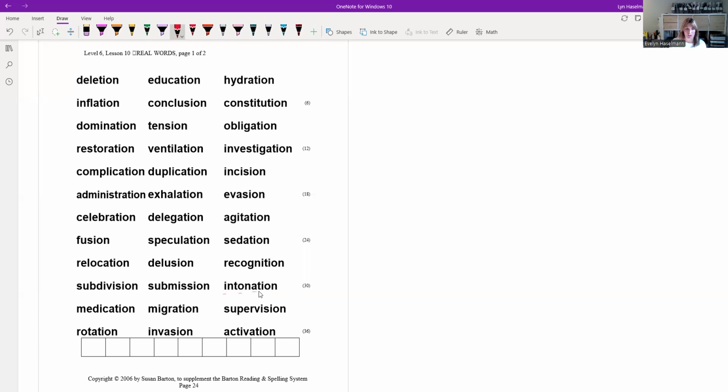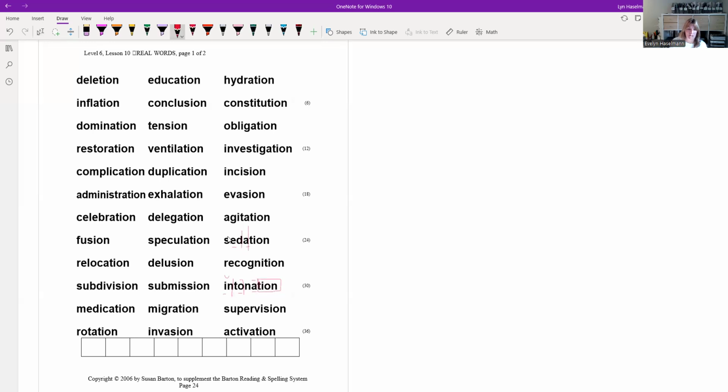So they can certainly box off their unit here and then decode the rest of it. This is going to be short, this is going to be long and open, and this is going to be open. Intonation. Okay, we've got sedation.